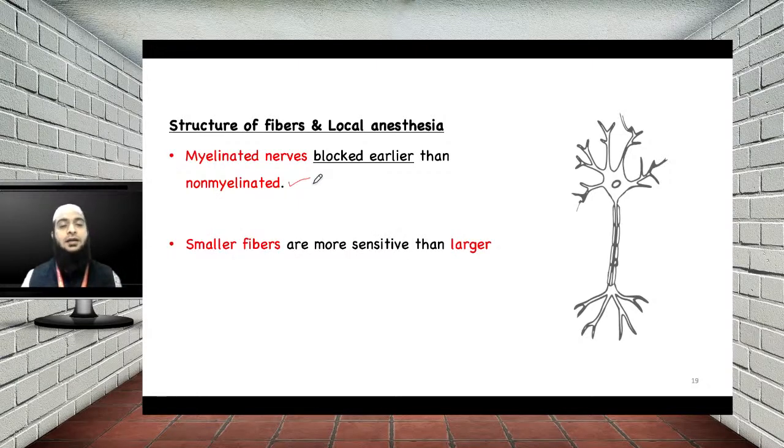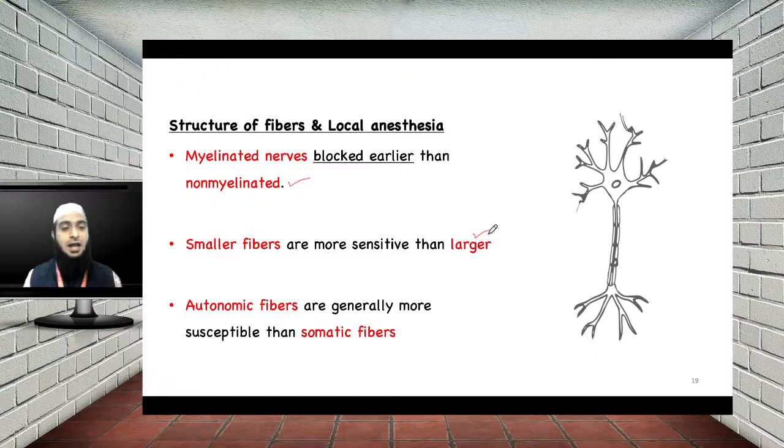Second thing is that in terms of smaller and larger fibers, the smaller fibers are more sensitive as compared to larger fibers, right? Third thing is that if you compare autonomic fibers and somatic fibers, it is observed that the autonomic fibers are generally more susceptible as compared to the somatic fibers.